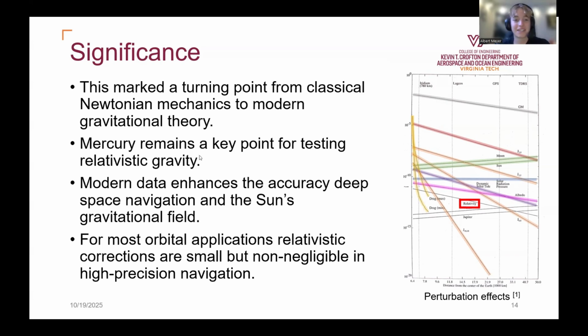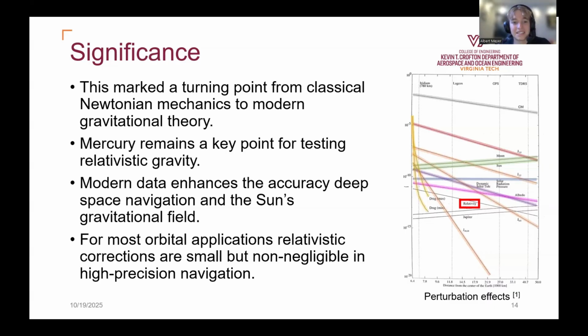Mercury remains a key point for testing these kinds of things. It's very cool that we have a planet that close to the sun that has significantly measurable relativistic effects. Who knows where we would have been if we didn't have that test point? I'm sure it would have been different to verify the results and also to do more testing measuring relativity.